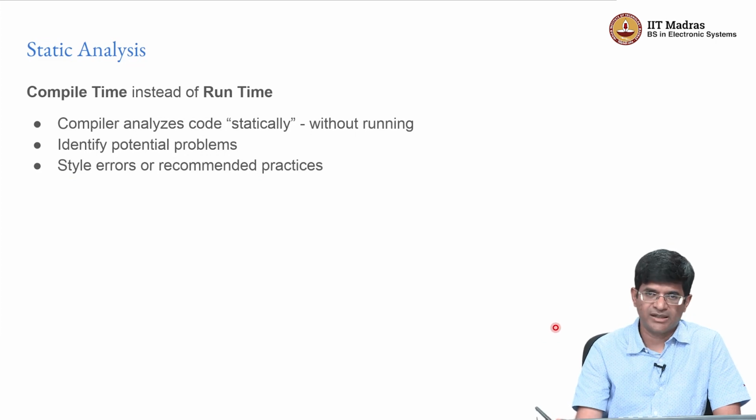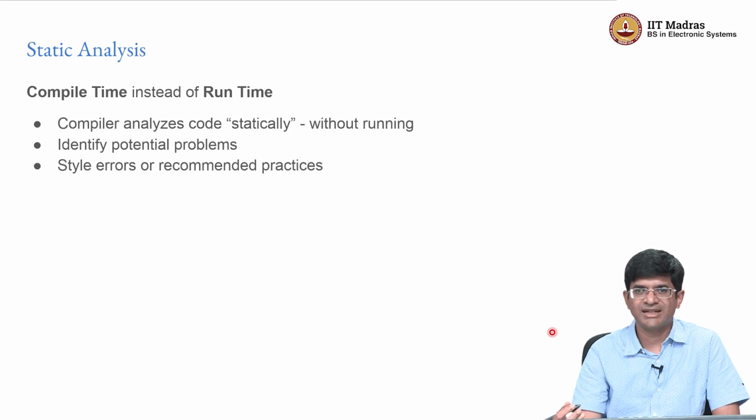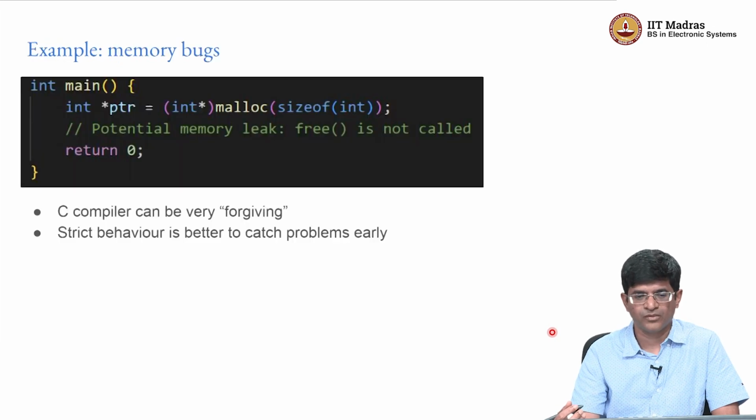It could be performance related. All of these tools are specialized for detecting them as early as possible, and they are usually supplements to your compiler. The compiler has the ability to detect certain kinds of issues, and you use these extra tools, which are sometimes called linting tools or other kinds of static analysis tools, which will alert you to potential problems at an early stage.